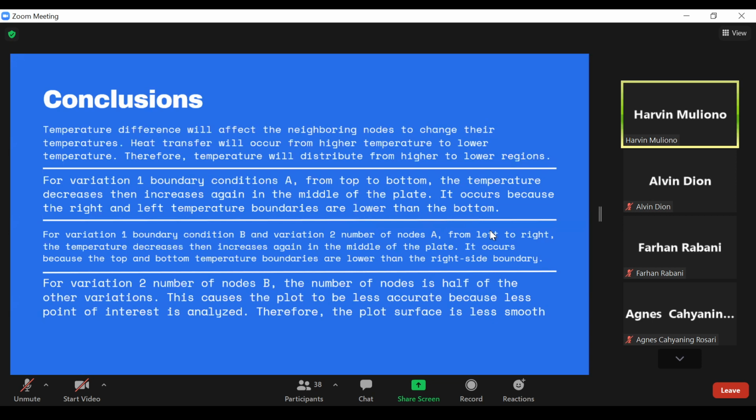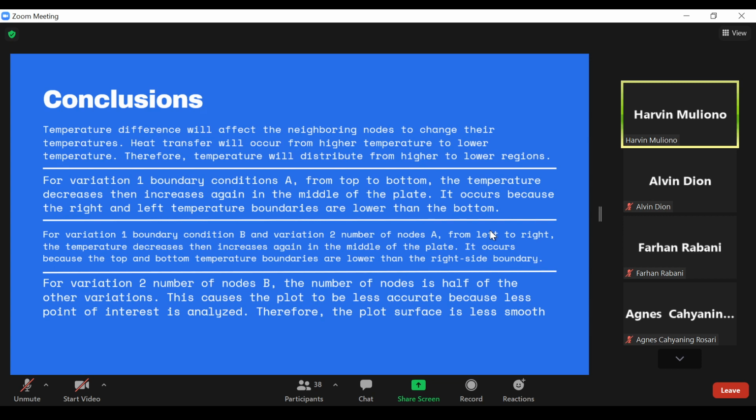It's the same as variation 1 boundary condition A, in that the lowest temperature is in the middle of the plate. It occurs also because the right and left temperature boundaries are lower than the bottom. I'm sorry, there's a little typo here in the presentation for variation 2 boundary condition B.